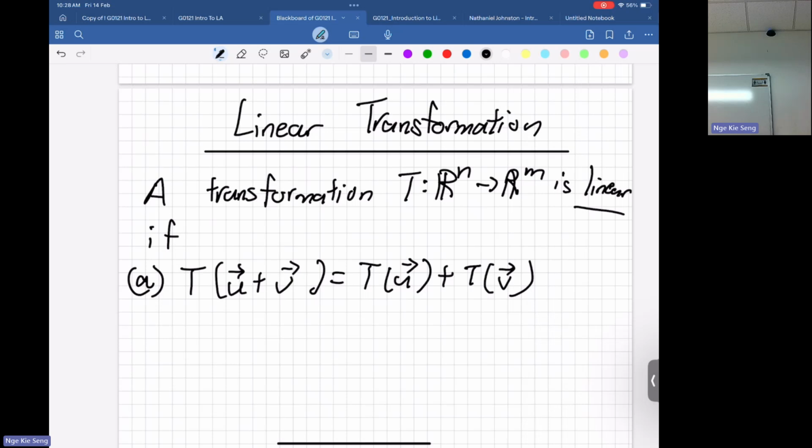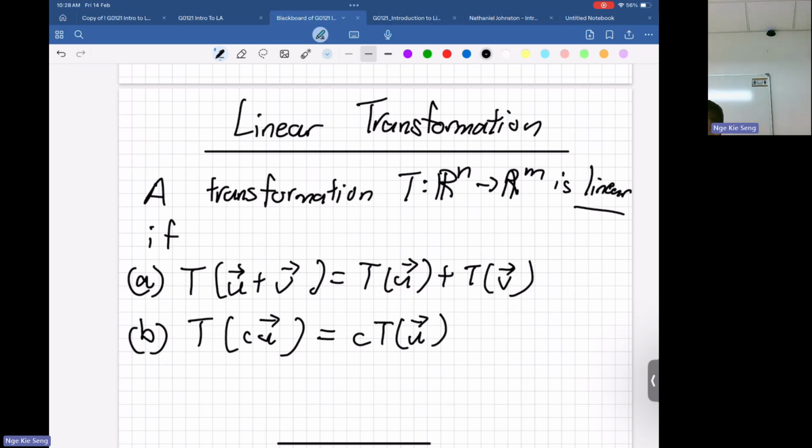Or if you want to compute a linear transformation on a scalar multiple, you can check it on u first and then scale it. So you can pull the scalar out, or you can pull the summation out.